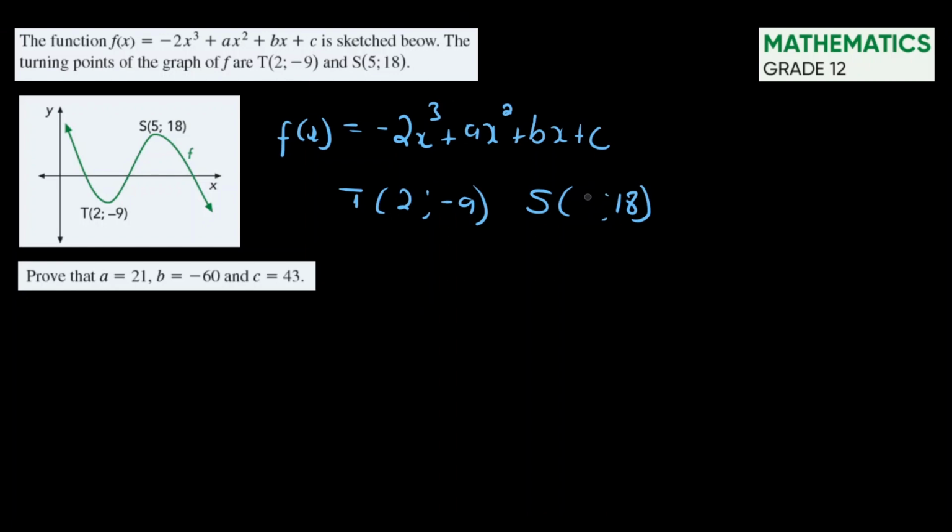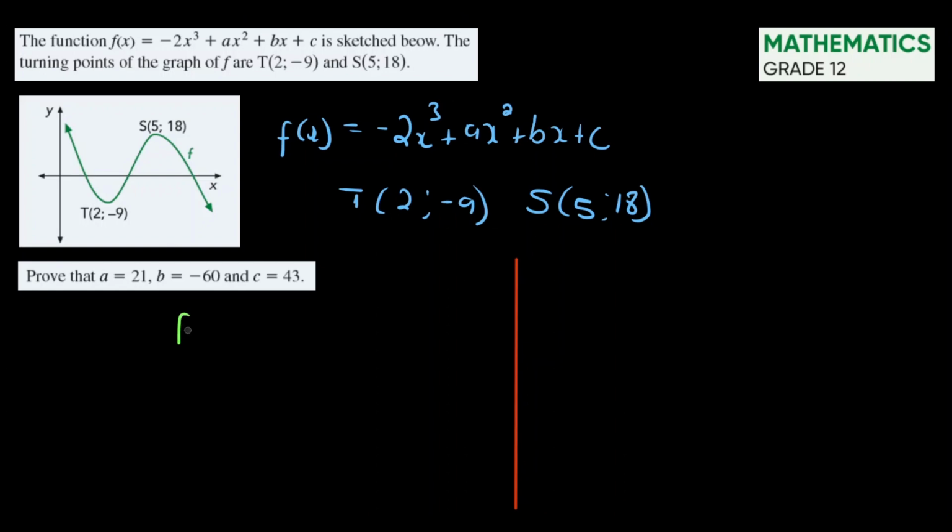So how do we go about this? Since we're given two turning points, it will be simple and straightforward. We'll be using the method of finding the turning point, which is finding the first derivative and equating to 0. We're going to split this into two separate parts.